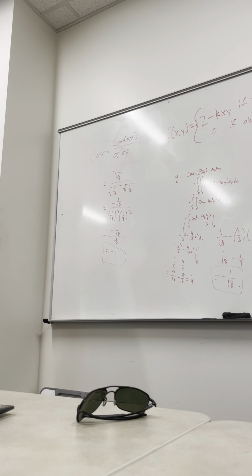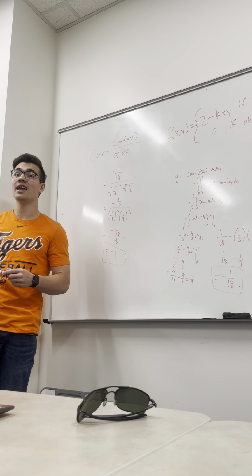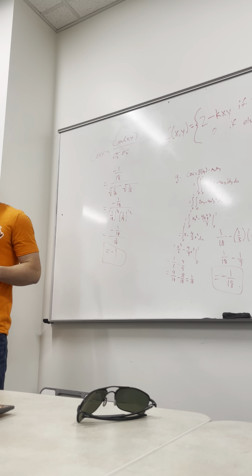If you are doing, say, your data project and you find that two of your variables are perfectly correlated or inversely correlated, it means that you've probably picked two things that are inherently tied together. For example, let's say your two variables are if you're married and if you have a marriage license.